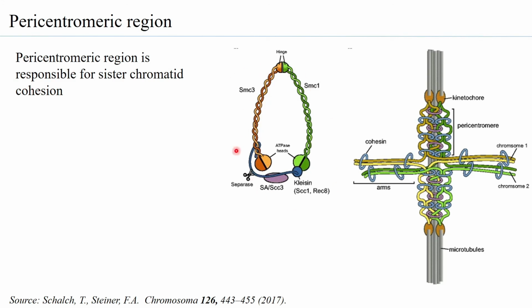So this is a cohesin molecule, and the cohesion is possible because of cohesins. The pericentromeric region is stabilizing the cohesion by interacting with cohesins. Now the cohesins are made up of several different proteins. So you have what is called the structural maintenance of chromosomes proteins 1 and 2.